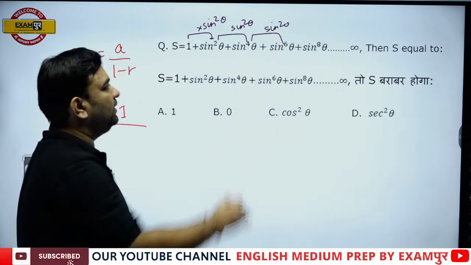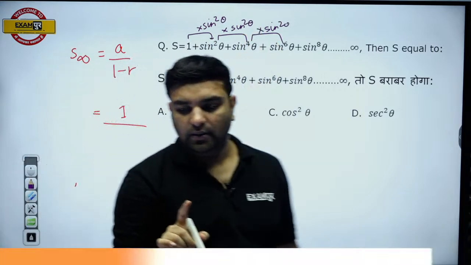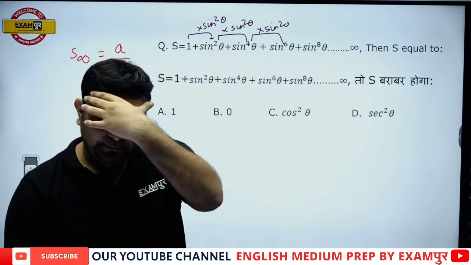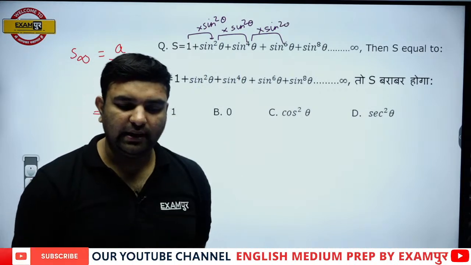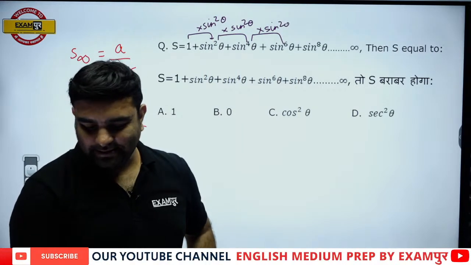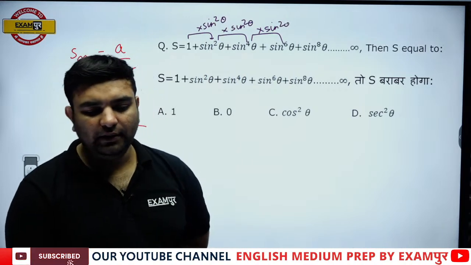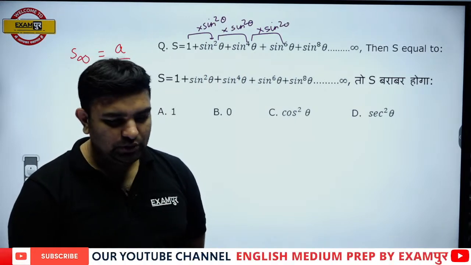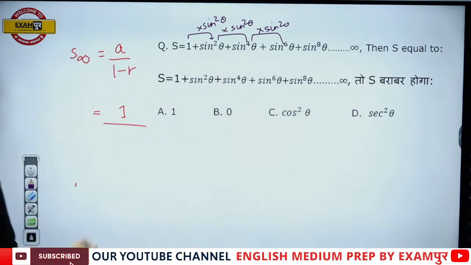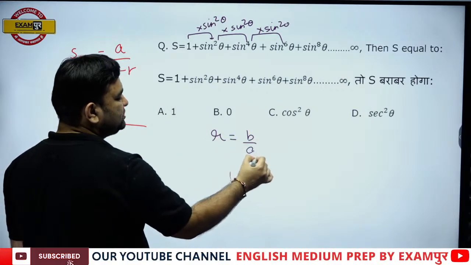Multiplication of sine square theta. I should say it very clearly: multiplication, not summation. Because sine cannot be 3, sine is always less than 1, so if we are using it in the ratio, it's better to use it with k. The common ratio is the second term upon the first term.